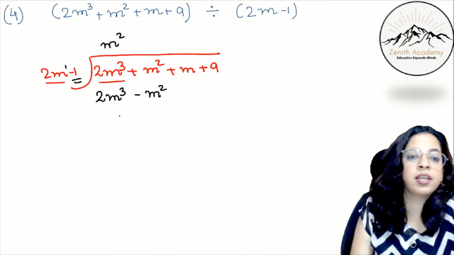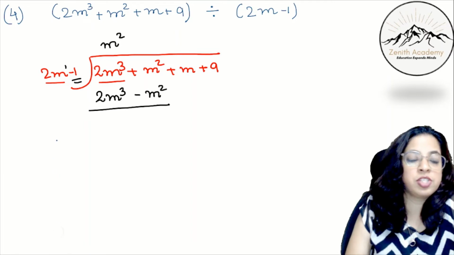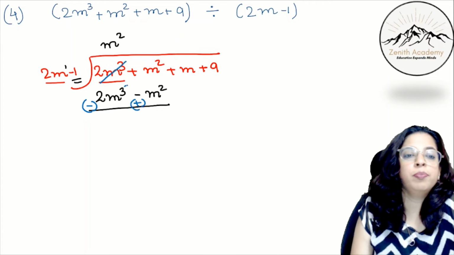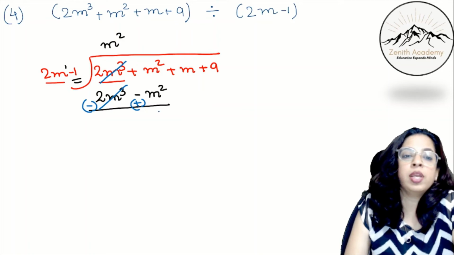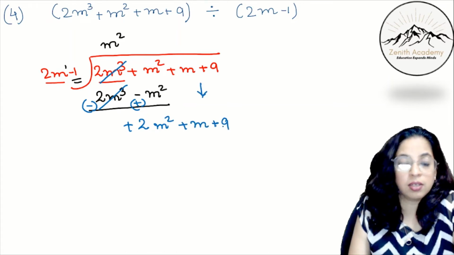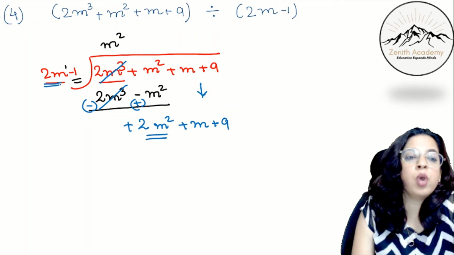So we will write it here. Now since we are subtracting, there will be a change of sign. This will become minus, this will become plus. So 2m cube minus 2m cube gets cancelled. Now here there is plus m square plus m square, so plus 2m square. Now copy this down, plus m plus 9. Now again see the first one, here there is 2m square, here there is 2m.